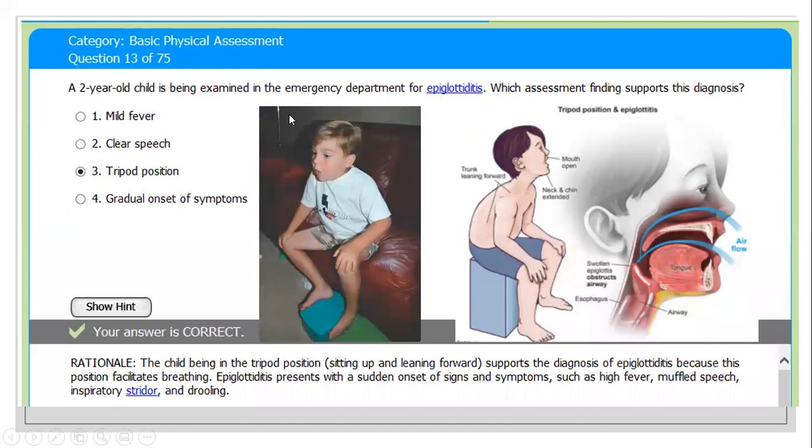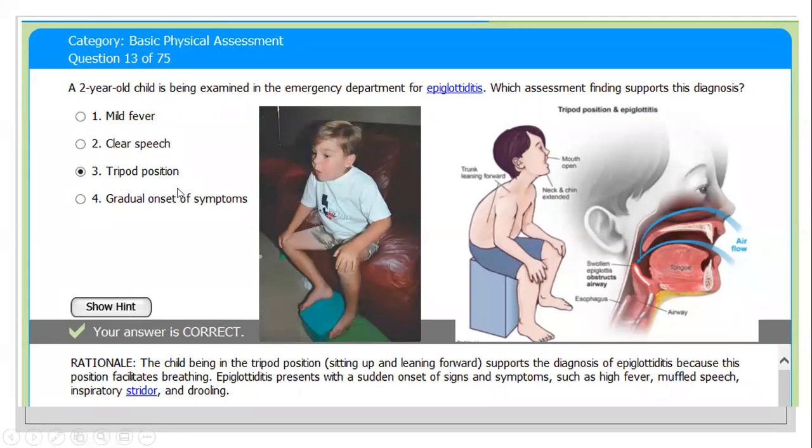So in that position, the patient should be sitting like this. It is called the tripod position, right? The mouth is open, and the neck and chin are extended and bent a little forward. And here we can see the epiglottis is inflamed, blocking and causing obstruction.